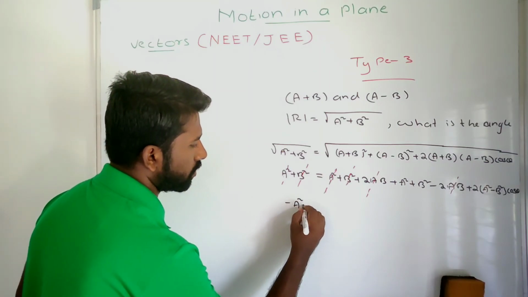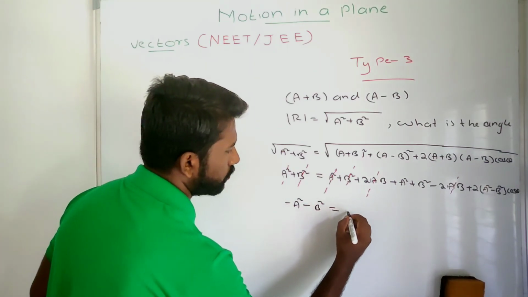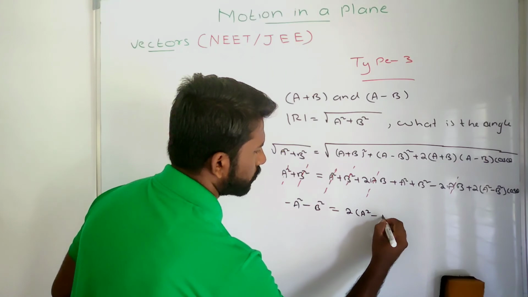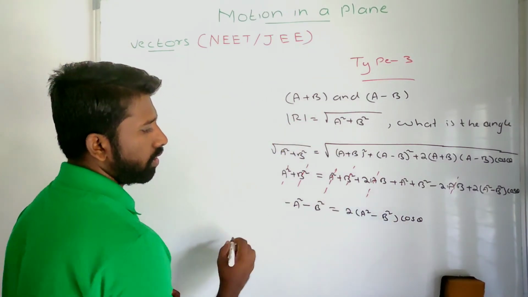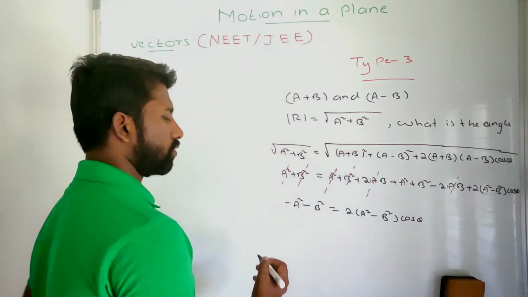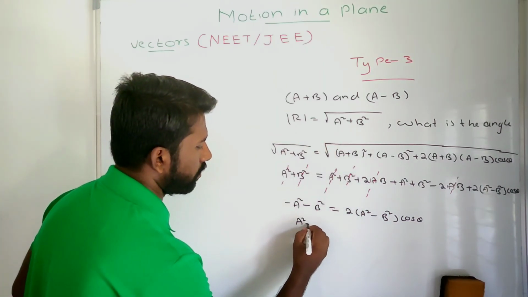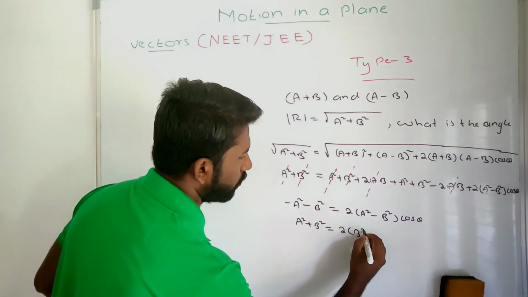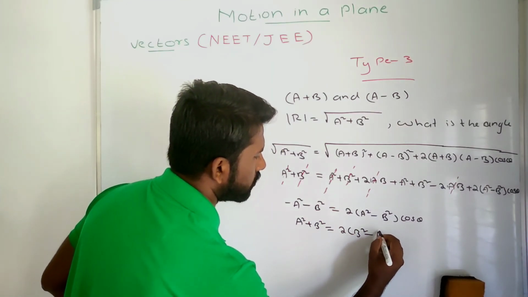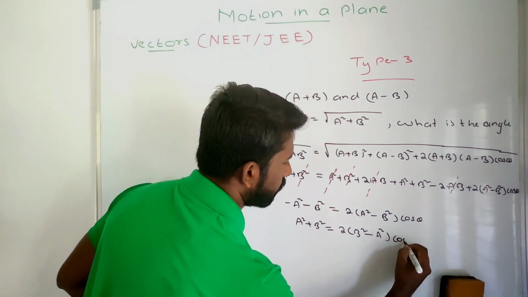So minus A square minus B square is equal to 2 into A square minus B square cos theta. Okay, then multiplying by negative on both sides, here you will get A square plus B square, and here you will get 2 into B square minus A square cos theta.